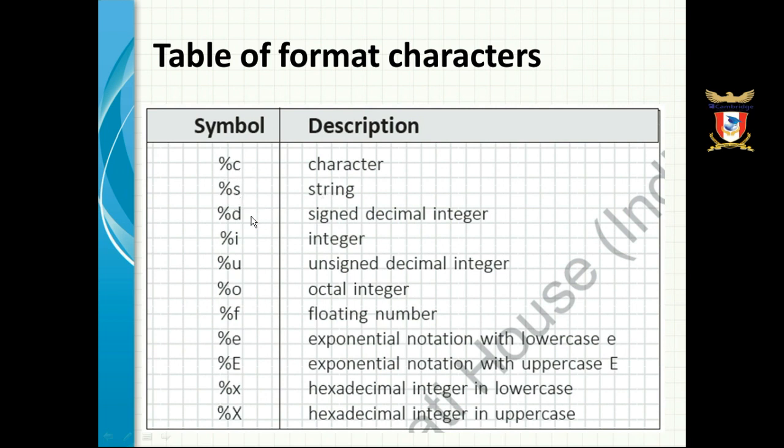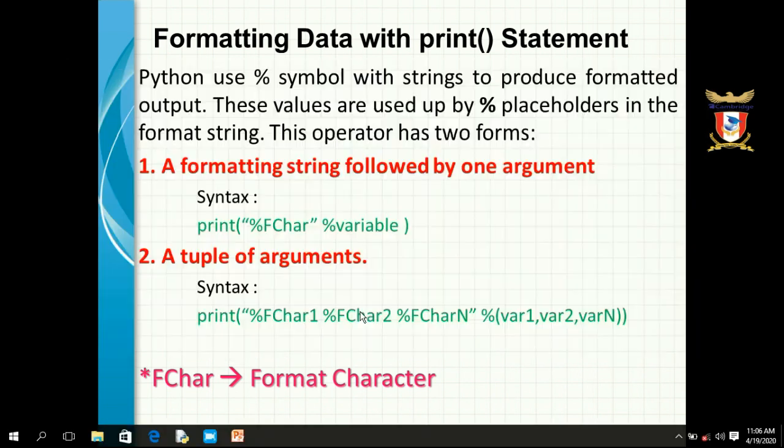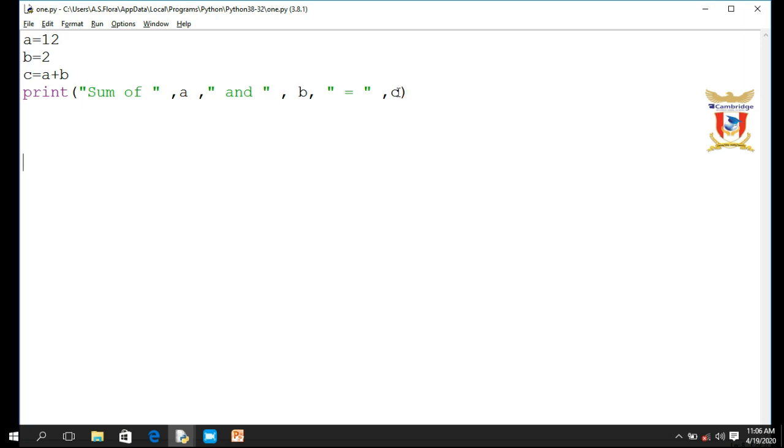For example, %c is for character, %s for string, %d for integer, %i also for integer, and you can use %f for floating point, etc. So back to the previous slide. First of all I will show you how to use percentage with a single argument, then we'll discuss how to use the percentage symbol with multiple arguments.